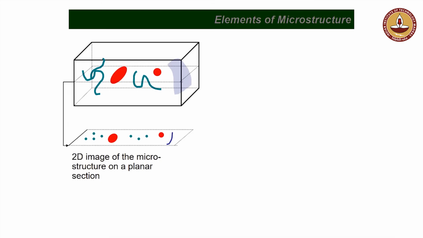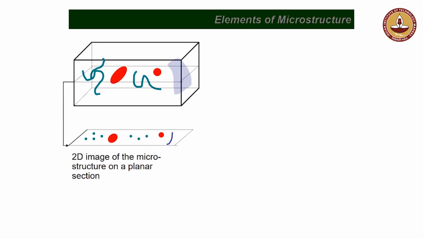Here is what we are actually doing. We are taking a section through the three-dimensional block, and on that section I observe it under some microscope. So, what will I see? If there are linear features, you will get them as points on the section.